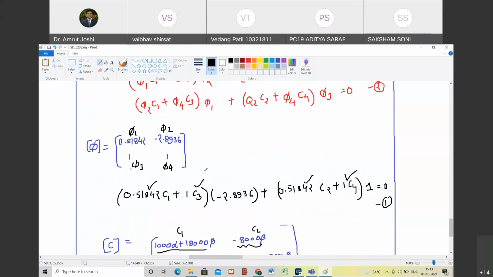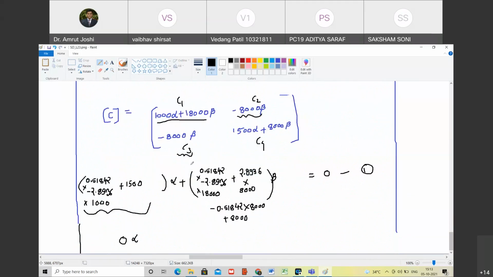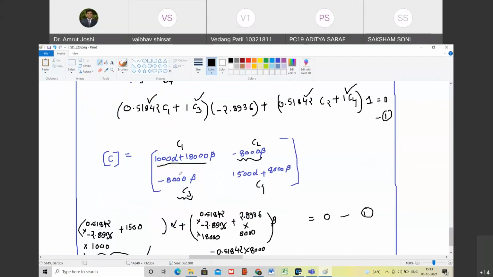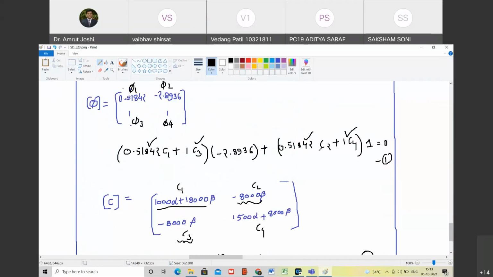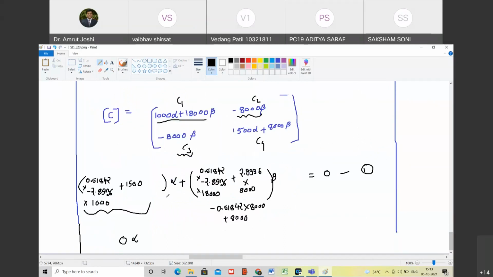Maybe we have made a silly mistake in substitution. चेक करो. C4. ये एग्जैक्ट 0 आ रहा है क्या?